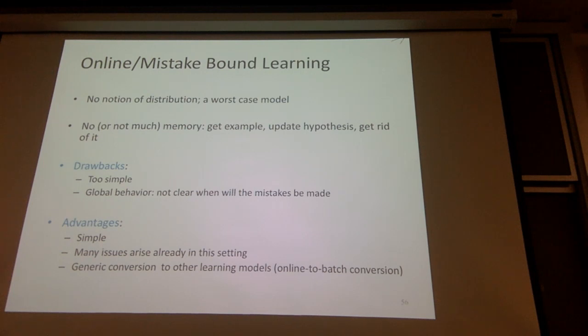That is exactly what we have to decide as designers of the learner. We have to decide what the learner has to do when it makes a mistake, how it updates itself, how it updates the hypothesis. What do you mean by disjoint?